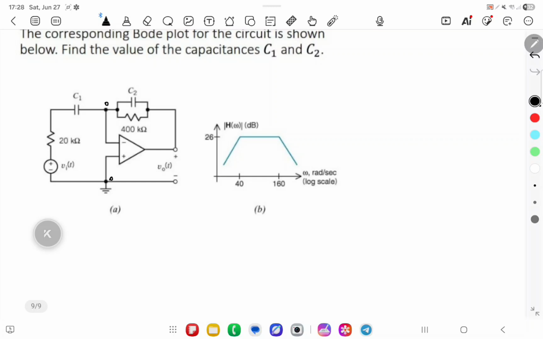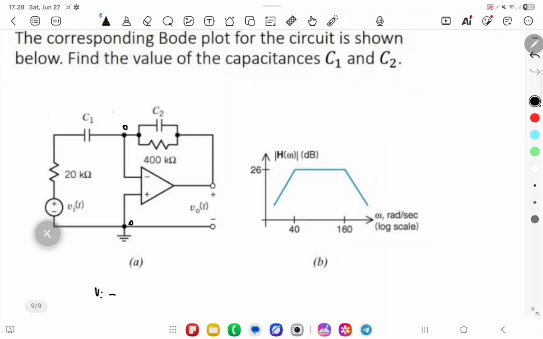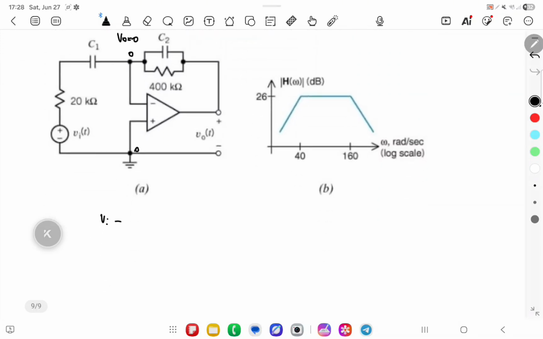In that case, we can take our node voltage expression, and let's say V1 minus, let's say this will be V0, equal to 0, V0 over 20 multiplied by 10 to the power of 3 plus 1 over j omega C1.